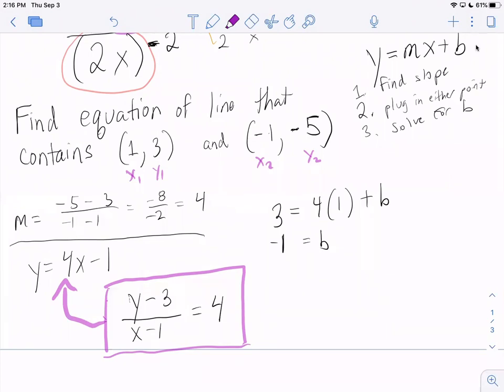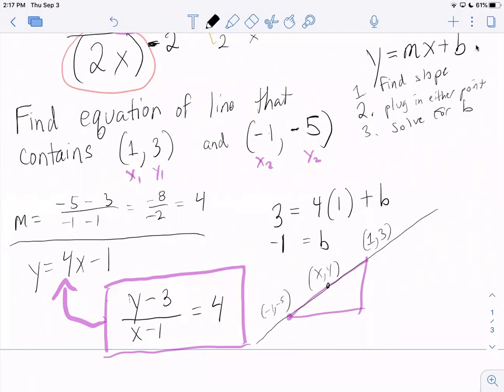And remember what this represents. If I have another point x, y somewhere on the line, it could be anywhere on the line, then, and I should draw it like this. This is 1, 3, and this is -1, -5.